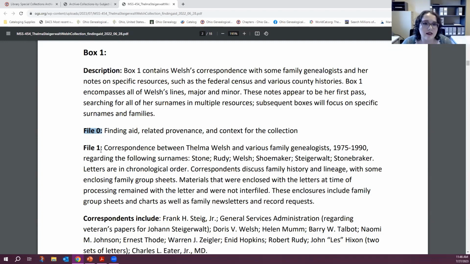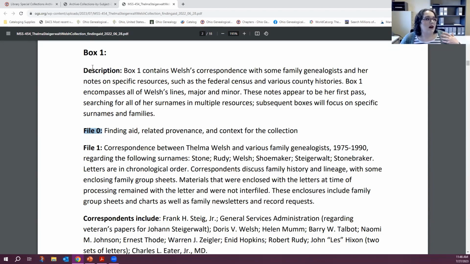If we have any letters or emails between us and the donor, that would go in file 0, as well as the deed of gift. So it's worth a peek if you wanted to learn more about who the creator was, or how OGS came to have a collection. You can always take a peek in file 0. If you just want the meat and potatoes, skip file 0 and keep scrolling.